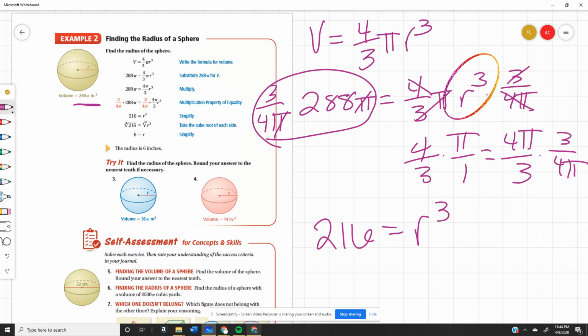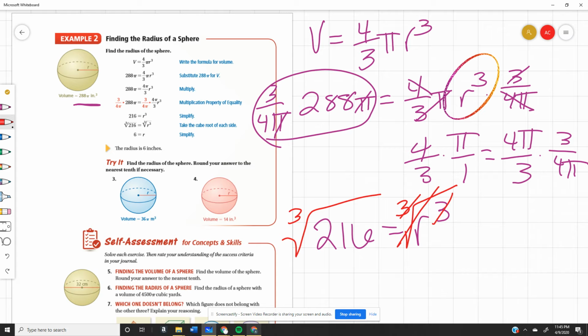Okay? Now, in order to get r, I have to find the cubed root, because remember, cubing and finding the cube root undo each other, just like squaring and square rooting undo each other. So I'm going to find the cubed root here and the cubed root here, and that means these are going to cancel, and I'm going to find the cubed root of 216.